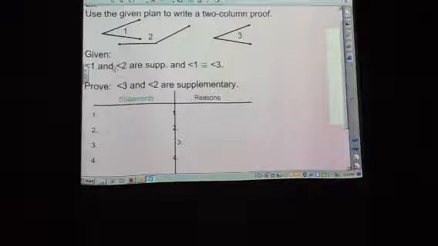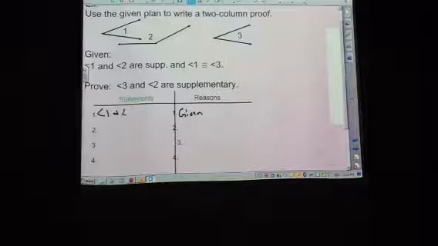Let's see, we're given, so I'm probably going to start off with the given information here. So I can go ahead and fill in given, and that angle 1 and angle 2 are supplementary. Okay, and then I have that angle 1 is congruent to angle 3.